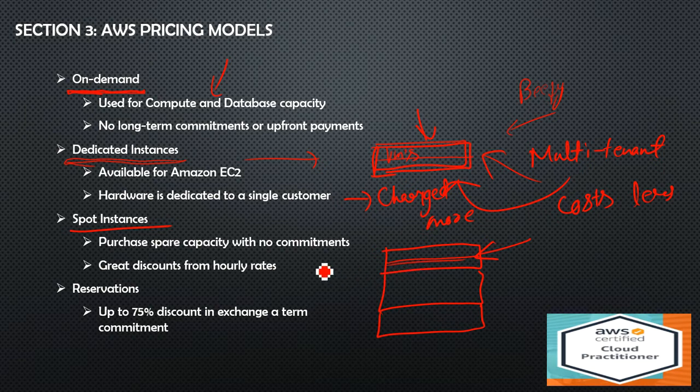Because it gives you a huge discount, when they have huge infrastructure sitting idle, they provide a great discount on those. But this is not persistent, so they can take it anytime. Just keep that in mind.